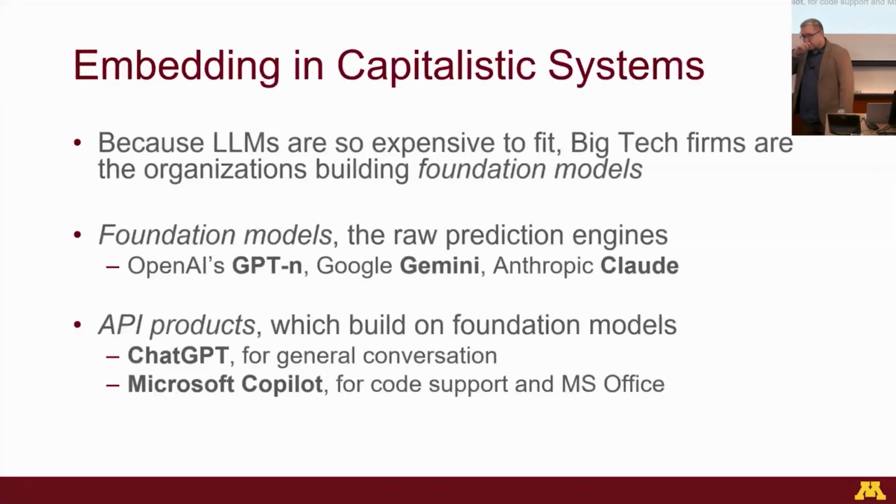Now, an important aspect of these systems is that they are embedded in capitalism. And so that means that we have to think about the restrictions that are created by the kind of models we use and how they fit in the broader picture. When we look at large language models, fitting a 1.76 trillion parameter model is very expensive in terms of electricity, data center use, et cetera. So it is not something that the average person can do real easily. We instead rely on big organizations.